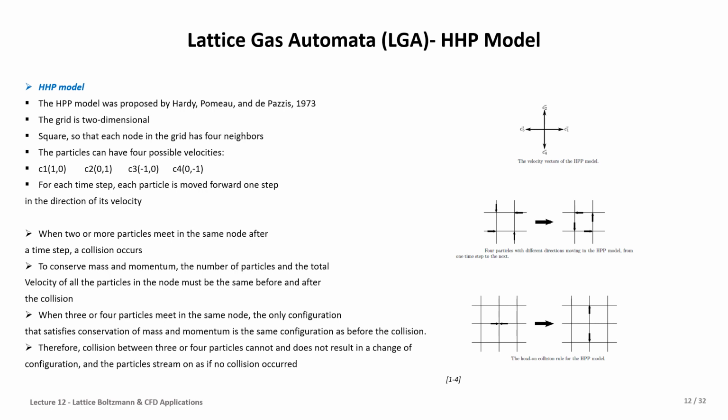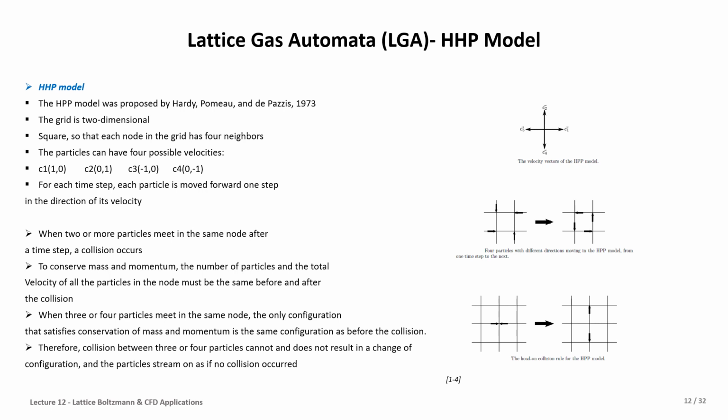To conserve mass and momentum, the number of particles and the total velocity of all particles in a node must be the same before and after the collision. This statement must be met when we're simulating with this model. When three or four particles meet in the same node, the only configuration that satisfies conservation of mass and momentum is the same configuration as before the collision, as you can see here.